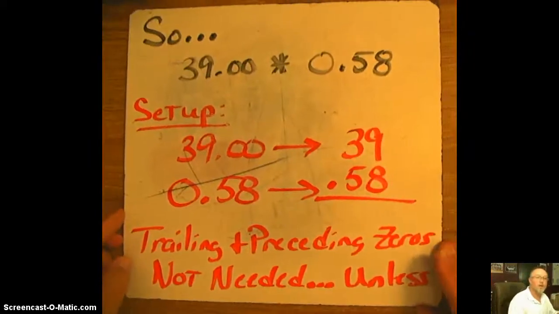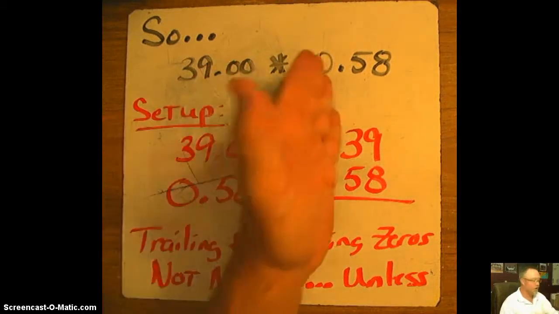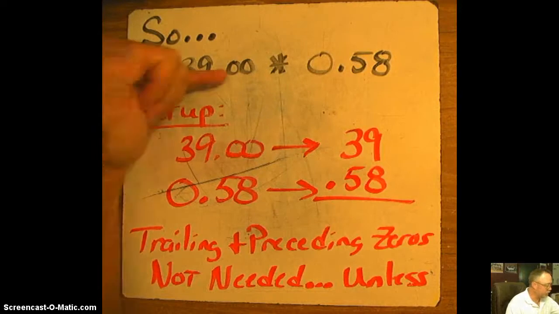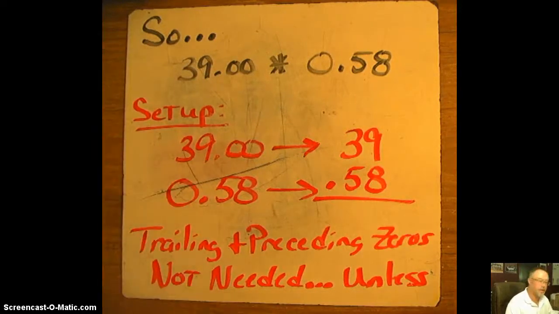So if we look at a different problem and we set this thing up, again, we're going to set this up, but this time I put in some trailing and preceding zeros. When you look at this, we have 39.00. Well, we really don't need the trailing zeros of this.